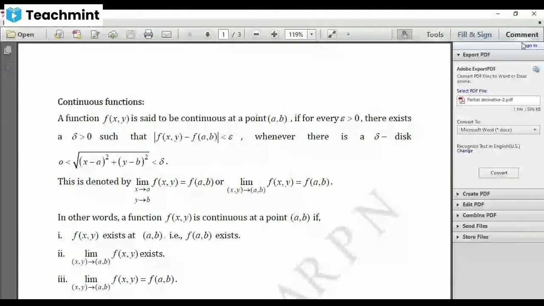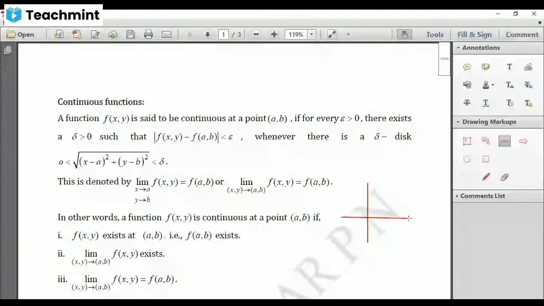Right, in the XY plane there is a point, right, its center a comma b. So this is your a comma b, right? This is your a comma b. For that center a comma b, you have taken a radius delta, and by taking radius delta, right?